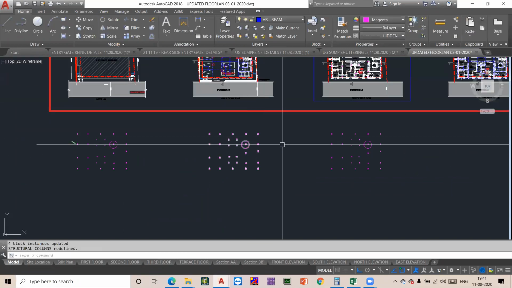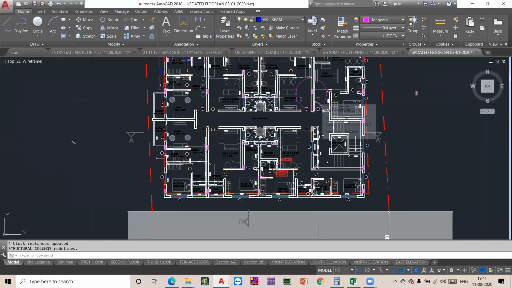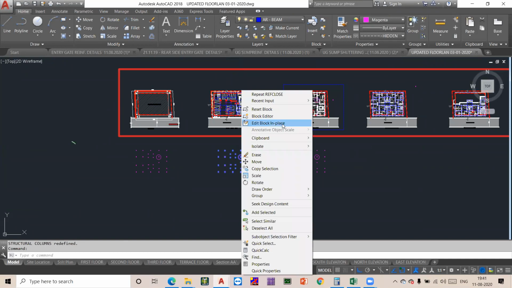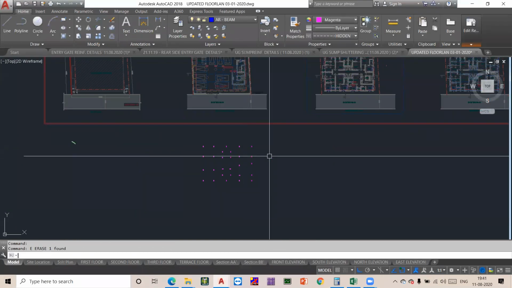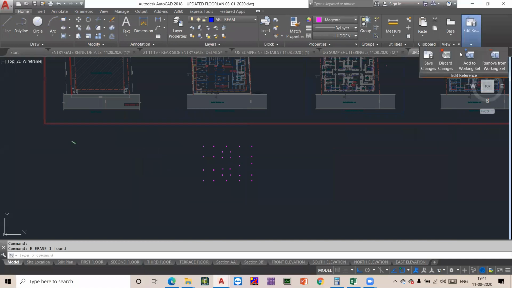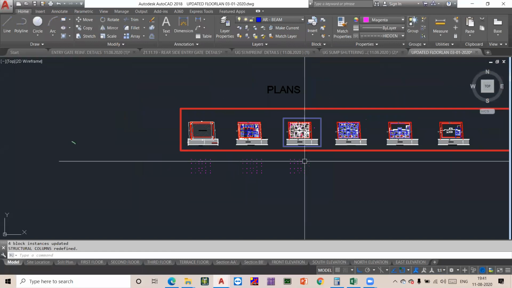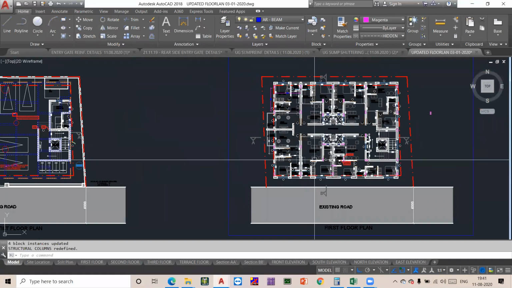The same circle is visible here, here, and even here. You can edit in any one of the blocks, and it will be reflected in all 4 blocks. The advantage of working inside the block is that you have now finished positioning your columns here.